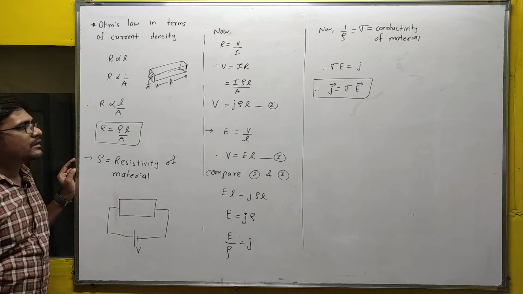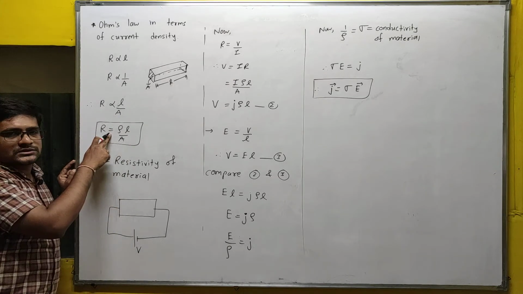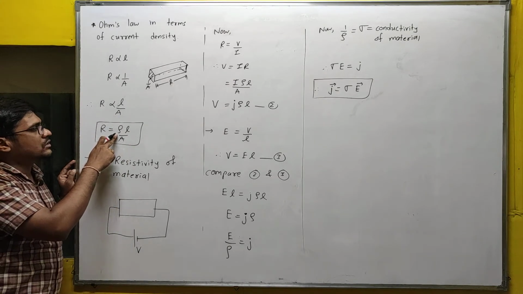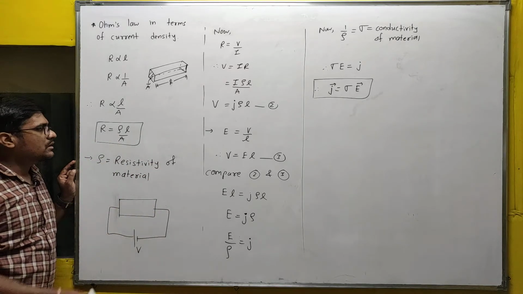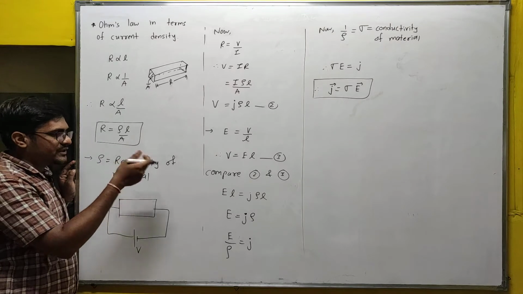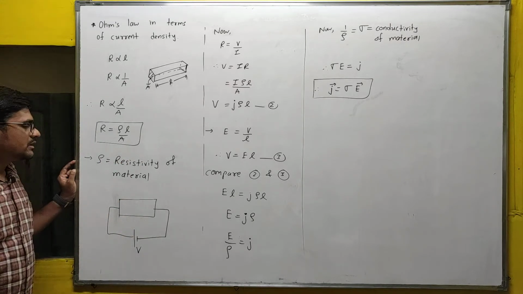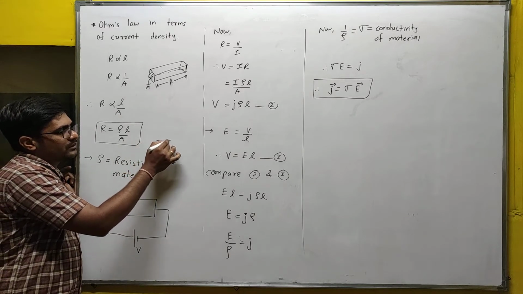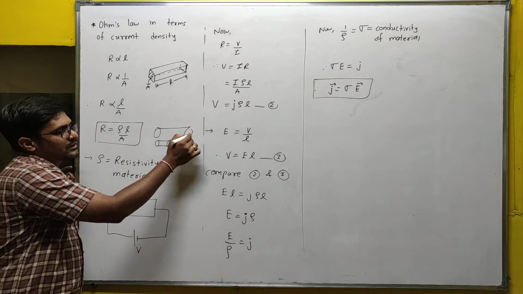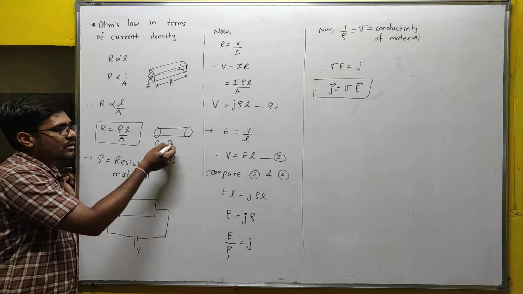If you substitute the proportionality constant, that constant is called rho, and rho is called the resistivity of the material. This is constant, so this value is fixed for the material. It depends only on the material. If you take a piece of copper this much or this much, resistivity is fixed for copper.